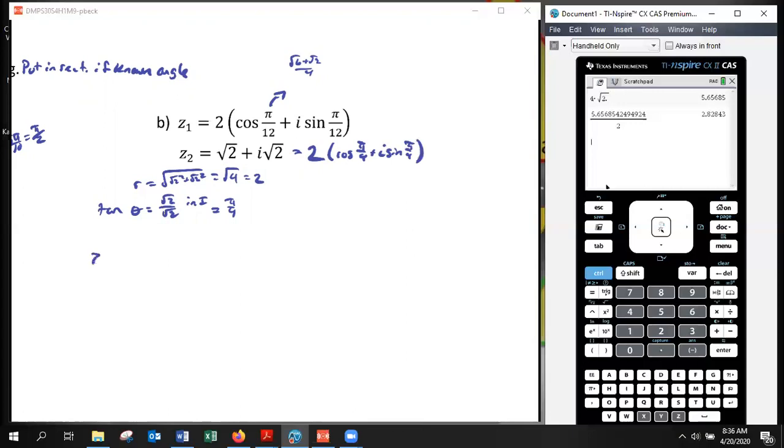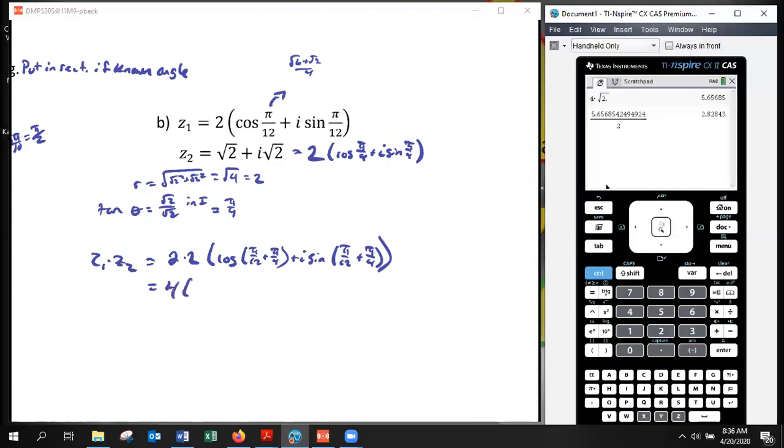So to multiply these two numbers, z1 times z2, once again, it's the product of the radii. So that would be 2 times 2, and then cosine of pi over 12 plus pi over 4 plus I sine of pi over 12 plus pi over 4. So pi over 12 plus pi over 4, that would be pi over 12 plus 3 pi over 12, or 4 pi over 12.